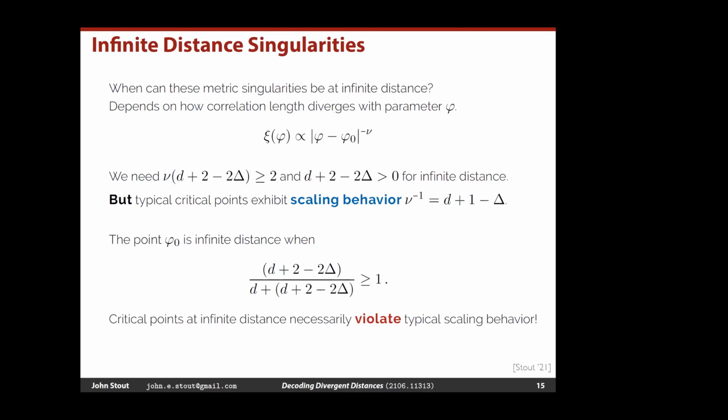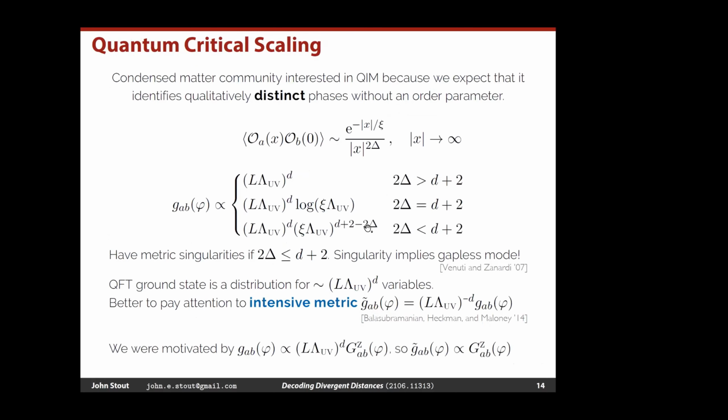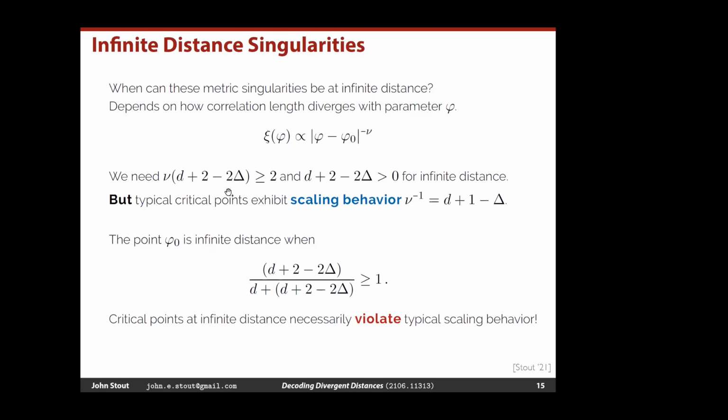So just by looking at the scaling of the metric with the correlation length, we can say that in order to get an infinite distance point in this parameter varphi, I need this inequality to be satisfied, so that the overall scaling goes like 1 over varphi squared to the 2. And then I need an actual metric singularity to get that infinite distance point.